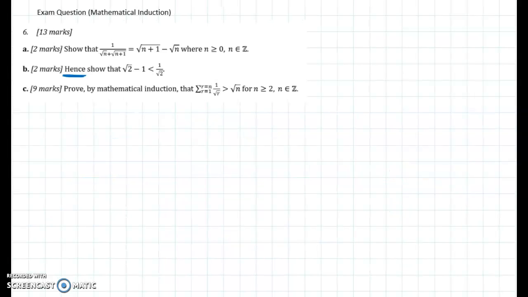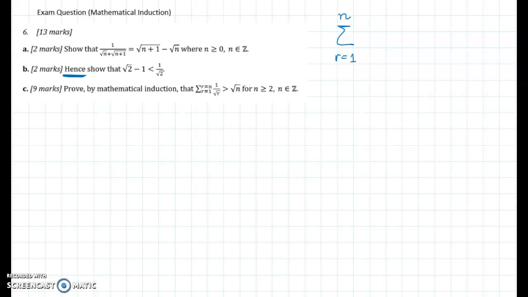Now that we proved parts A and B, we are going to focus on the mathematical induction. I'm going to write the formula again here on the side. We have the sum from r equals 1 to r equals n.